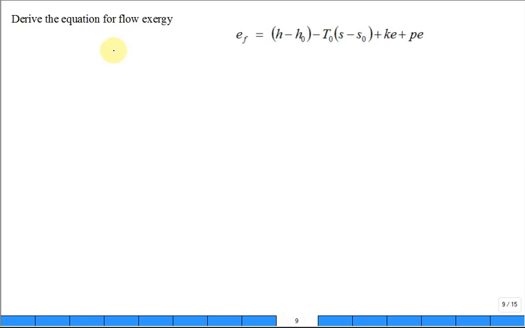Think about a control volume that has one inlet, and it's coming in at pressure P, temperature T, with kinetic energy, potential energy, some enthalpy, some flow rate, etc.